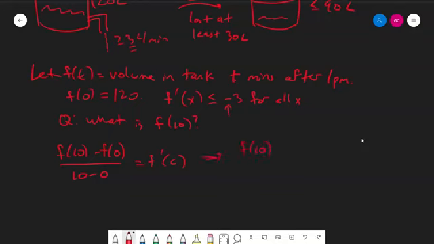So f of 10 minus 120 over 10 is f prime of something, and that something is less than or equal to negative 3. Multiply both sides by 10, and you get that f of 10 minus 120 is less than or equal to negative 30. And now add 120 to both sides, and you get f of 10 is less than or equal to 90, which is exactly what we had before.